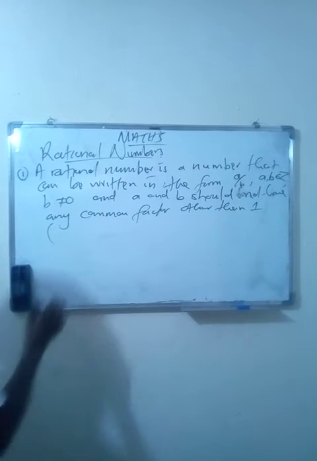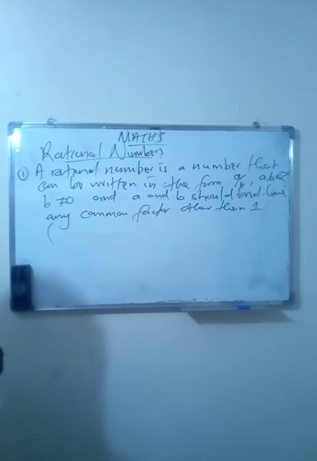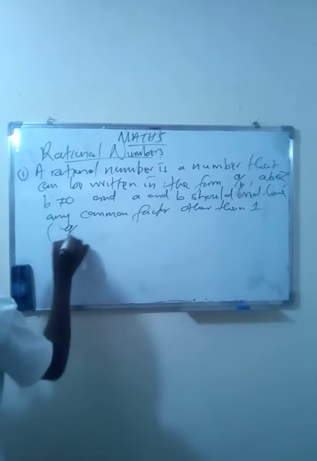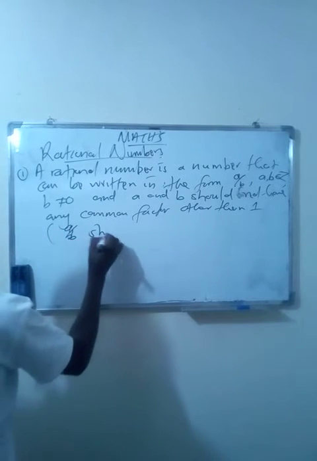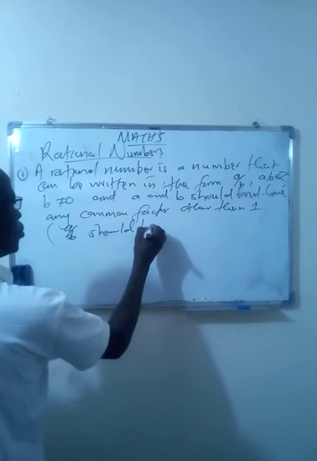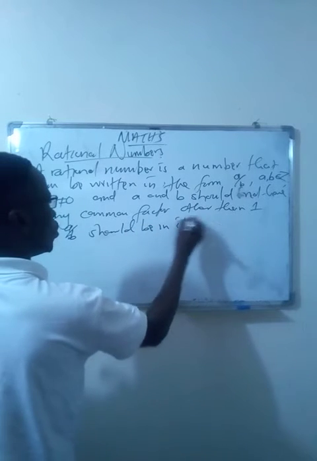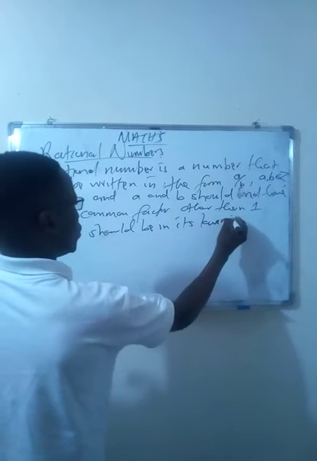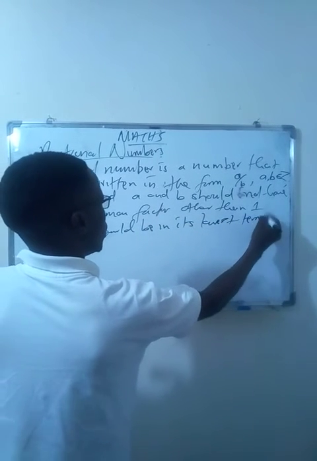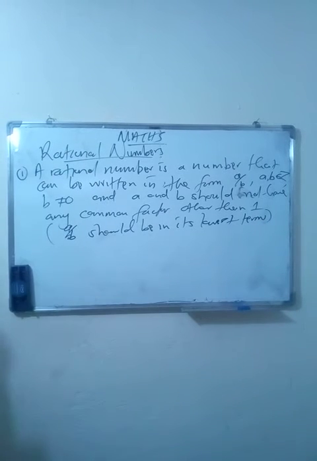So what it means when we say should not have any common factor other than 1, it means that a over b should be in its lowest terms, right? That's what it means.